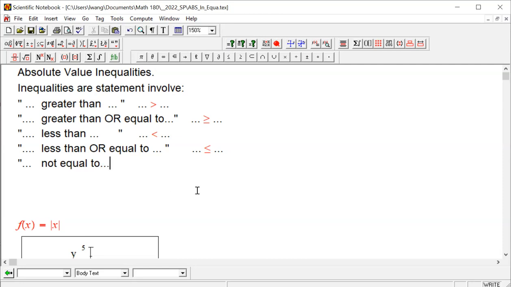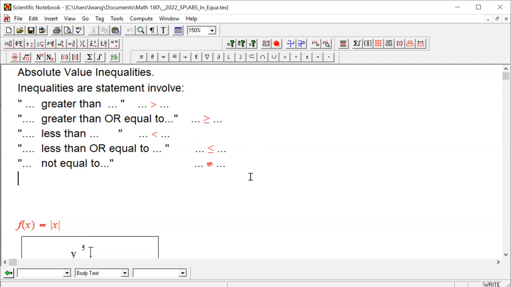In this case, the symbol is this. You have seen this symbol before. These are the cases of inequalities.